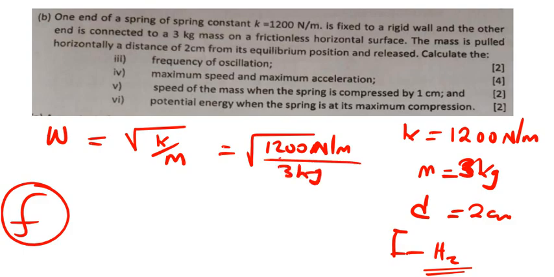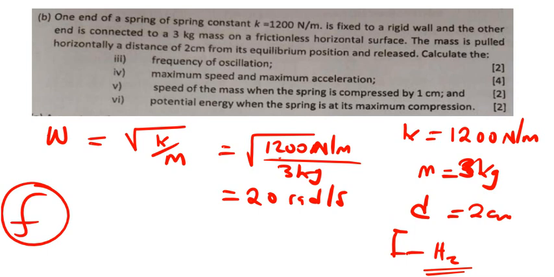I know what it's going to give me: 1200 divided by 3 is 400, and the square root of 400 gives me 20. Now you know that your angular velocity is measured in radians per second.